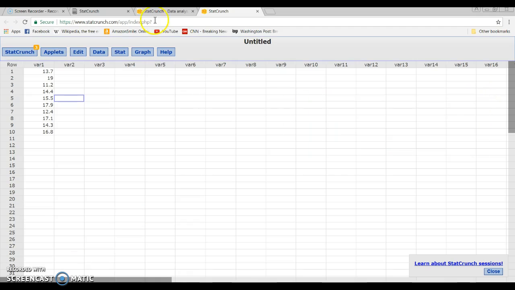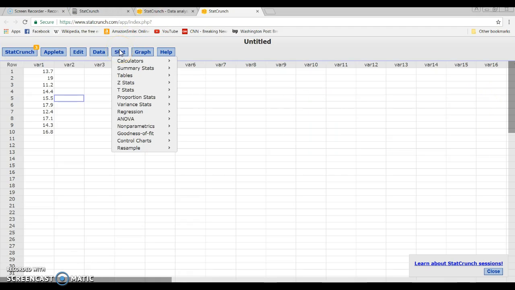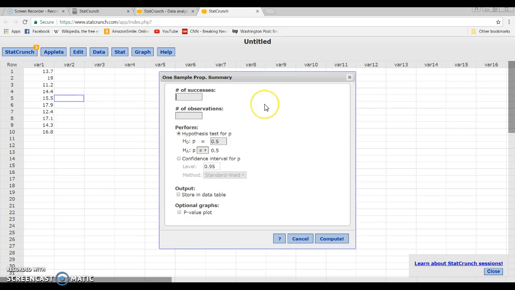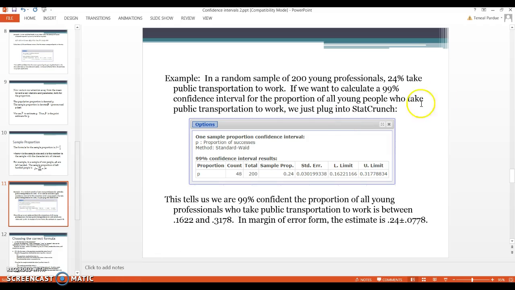Okay? So when we go over to StatCrunch, we're going to Stat, Proportion Stats, One Sample with Summary. Number of successes, that's x, so that's x out of n. Here we had 48 out of 200. And we said we wanted a 99% confidence interval.